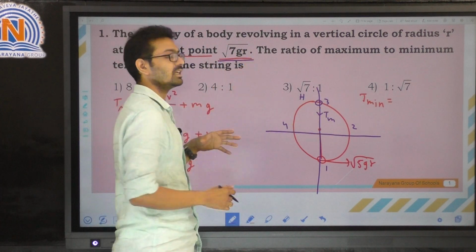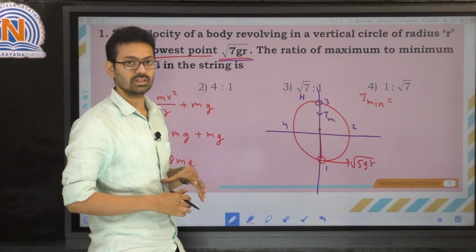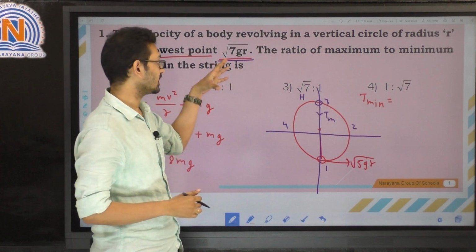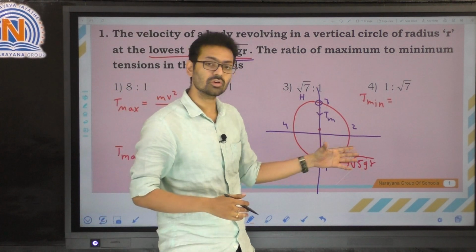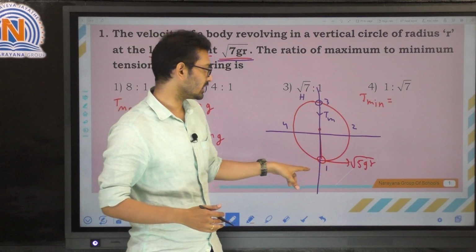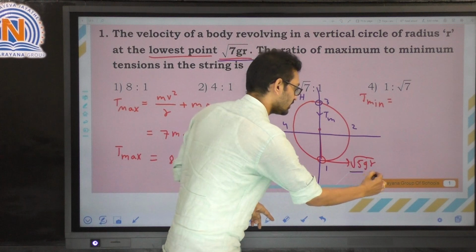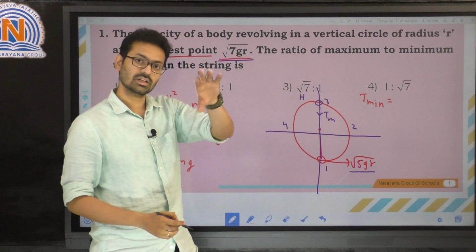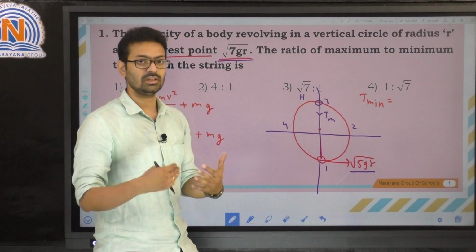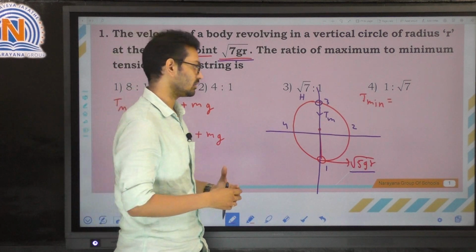If it has more than 5, it completes the loop, but still it has some velocity left.